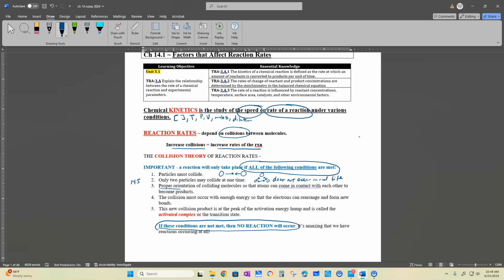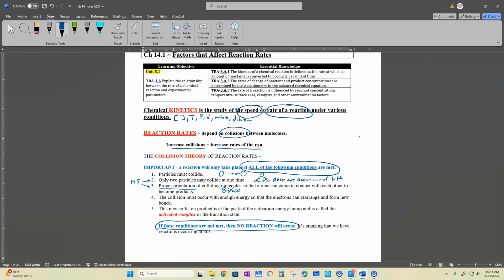Number 2, they have to have proper orientation. Same thing, 14.5. We're going to talk about how they have to be lined up in order to collide so that when they come in contact with each other, they actually become products. Maybe you have a diatomic and another diatomic trying to come together the wrong way, and that's not going to happen.